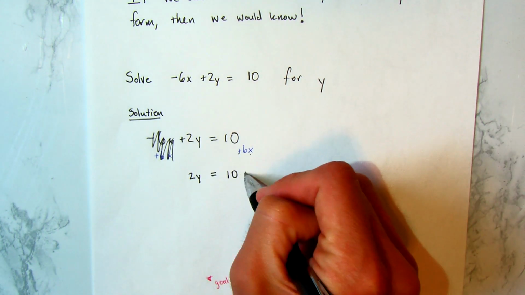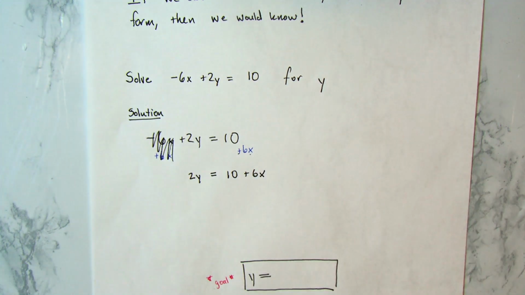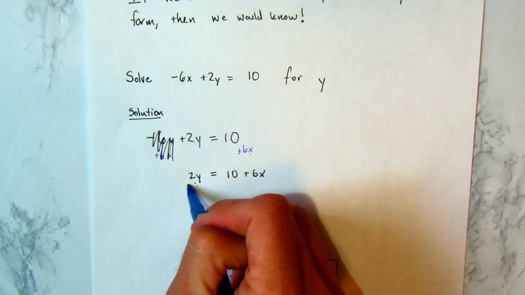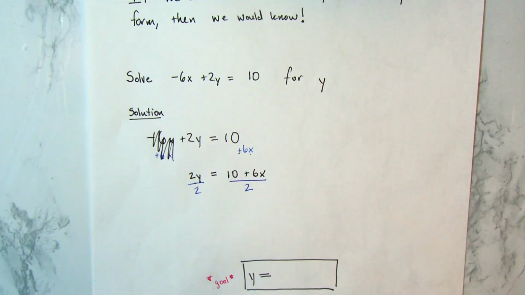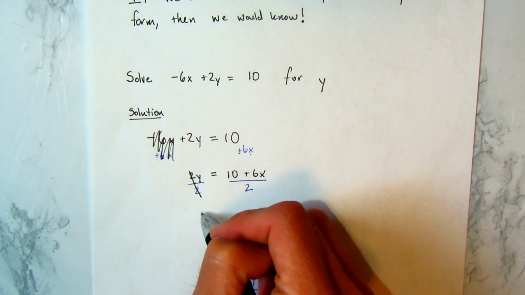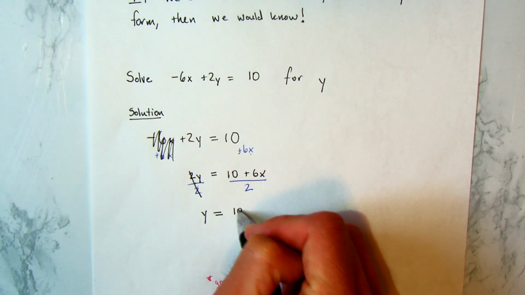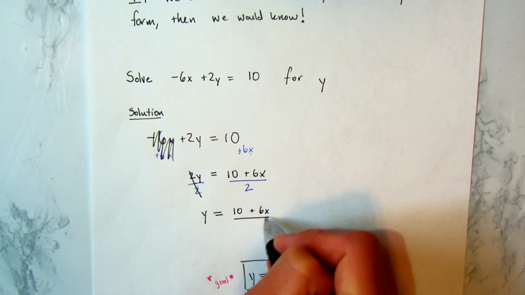Just write them side by side. Then I want to divide both sides by 2. Divide everything by 2. On the left side, 2 divided by 2 is 1. They cancel. And y equals 10 plus 6x all over 2.